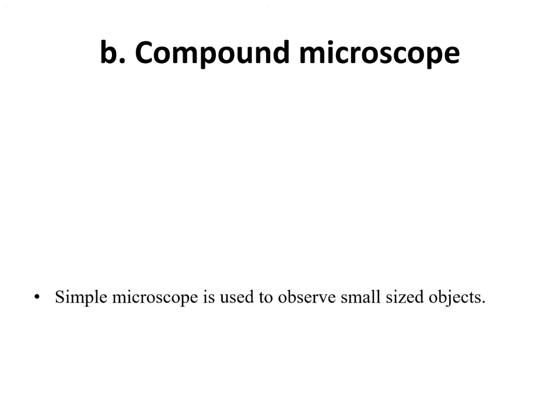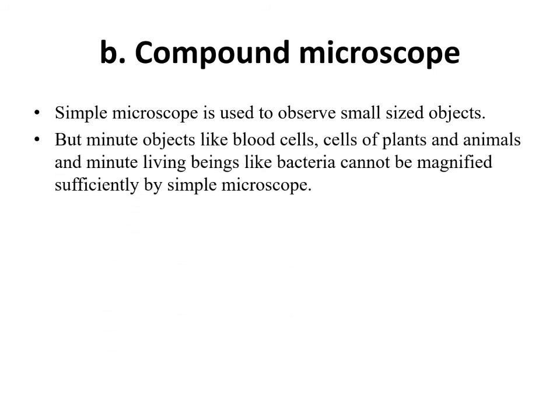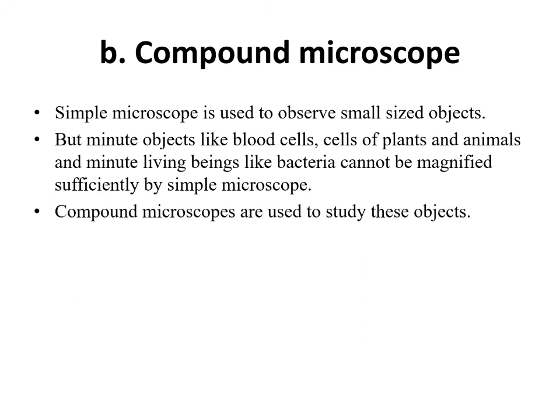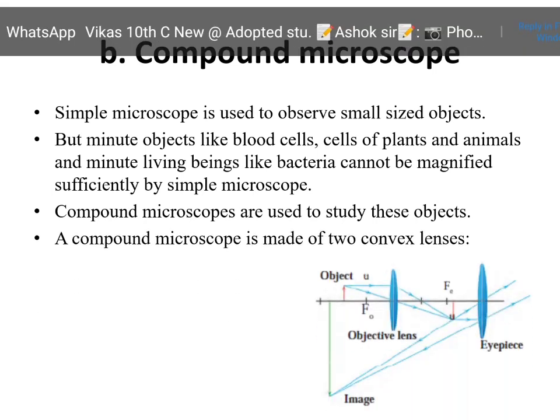Next, the compound microscope. A simple microscope is used to observe a small size object, but the compound microscope is used for minute objects like blood vessels, blood cells, plant cells, animal cells, and minute organisms like bacteria which cannot be magnified by a simple microscope. Compound microscopes are also used to study these objects. A compound microscope is made up of two lenses.